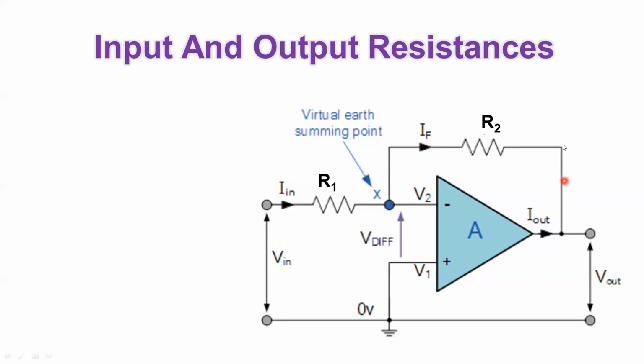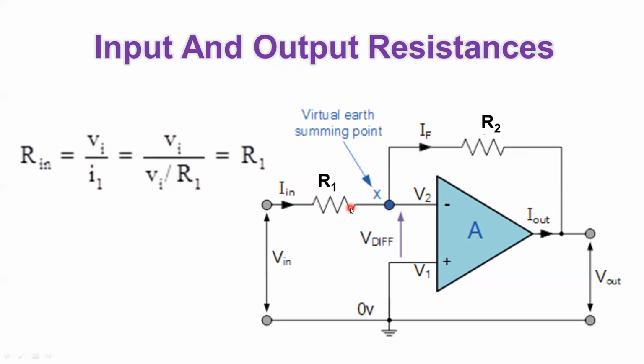If this branch did not exist, the current flowing here would be equal to 0, and the input impedance would be equal to infinity. But what makes Rin not equal to infinity is this feedback branch, the closed loop or feedback loop operational amplifier, which makes Rin equal R1. And when R1 is small, this will make a very big problem for the operational amplifier.